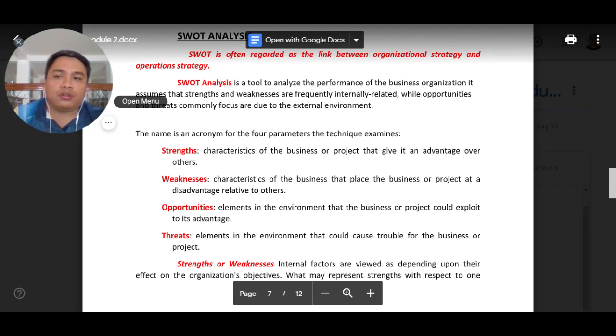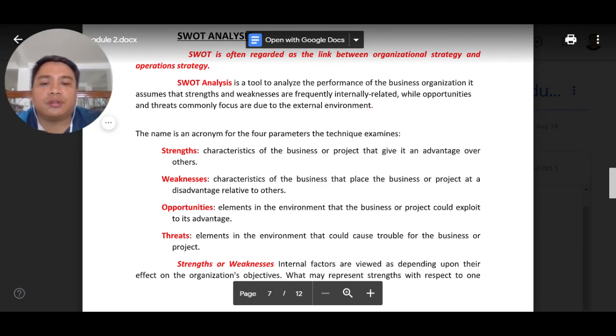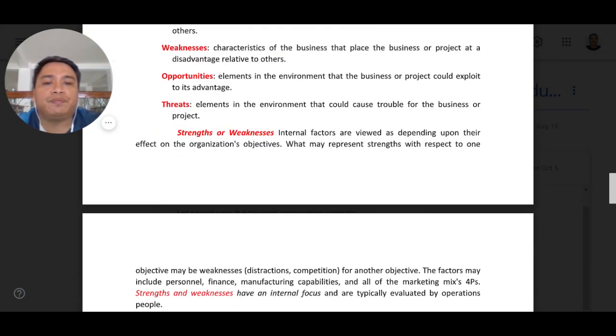Your strength can be a threat to your competitor. Your weakness can be an opportunity for them, or the other way around. Their strength can be your threat, no? Their weakness can be your opportunity. Okay. So strengths or weaknesses are internal factors viewed depending upon their effect on the organization's objectives.